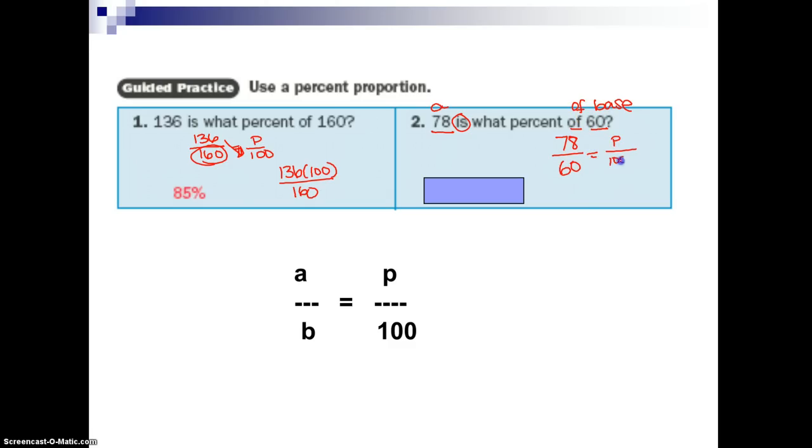So be careful about that. 78 times 100, let's cross products and divide by 60. You have 130%, and you can see, this is what I said in the previous slide, if the percentage is more than 100%, then you are going to have the part of the base be higher than the base number.